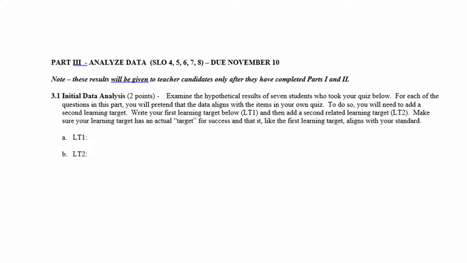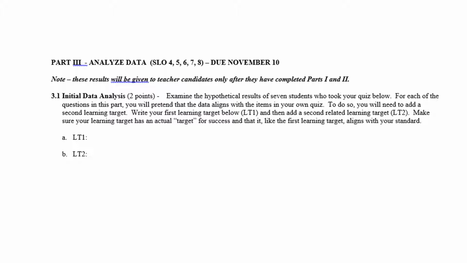Before you get started with Part 3, it will be necessary to make up another learning target because your data analysis of the hypothetical data that you're going to analyze will have two learning targets. So first, you should think of another learning target and write it in the top portion of Part 3.